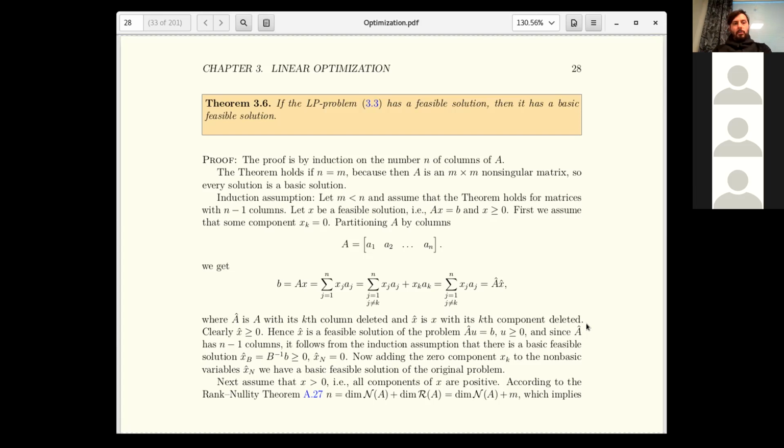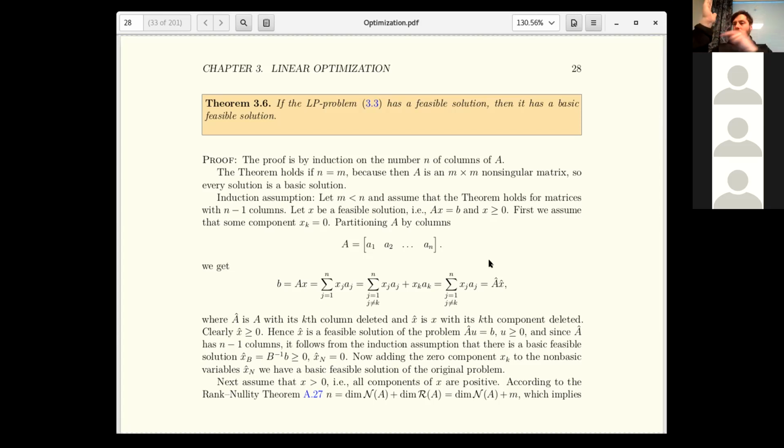Now, firstly, let's assume that some component of x is 0. If some component of x is 0, then we can just partition the matrix in such a way that we remove that 0 component and we have a matrix with one fewer columns, and it still satisfies the problem. This is the algebraic solution here, but it's intuitively simple because we are multiplying with the vector.